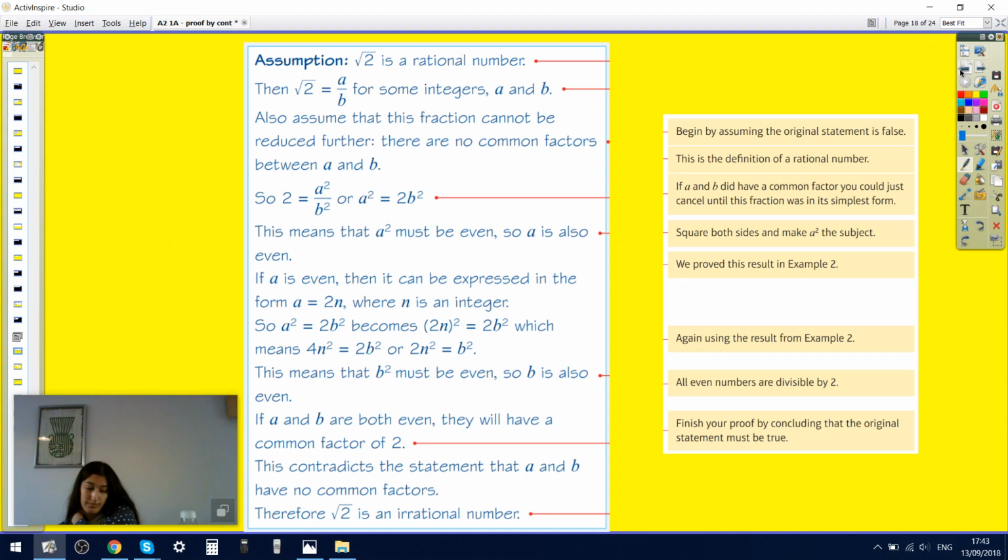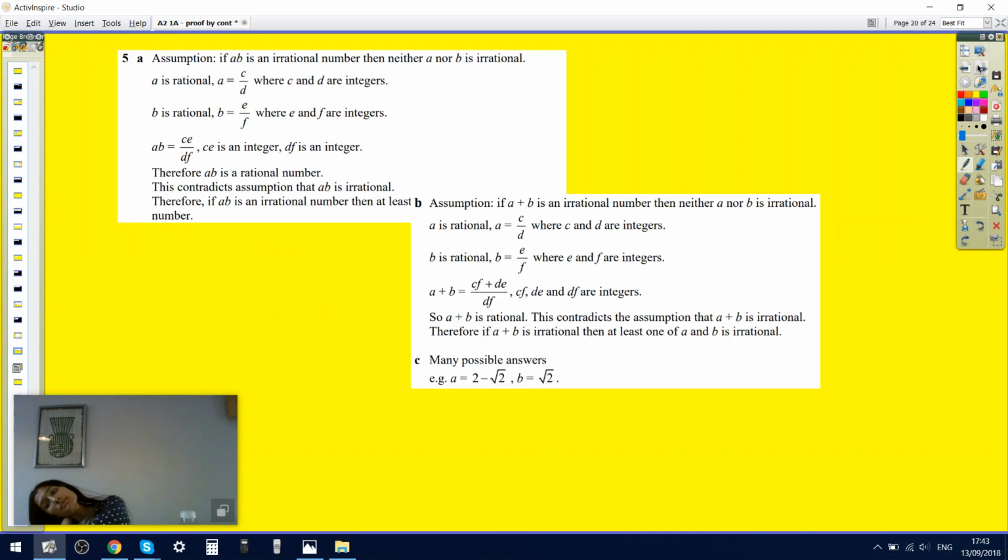Well, if you square both sides, let's see if we go back. Where C and D are integers. Whoa. A is rational, C and D are integers. And then they did, and they made them the same denominator.